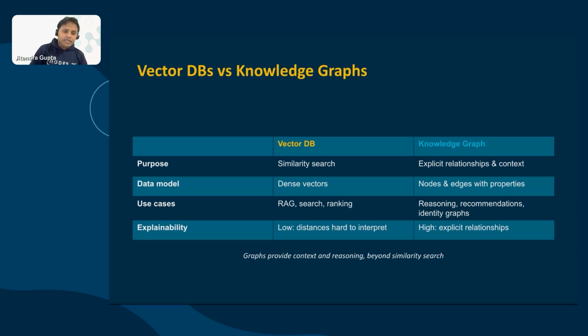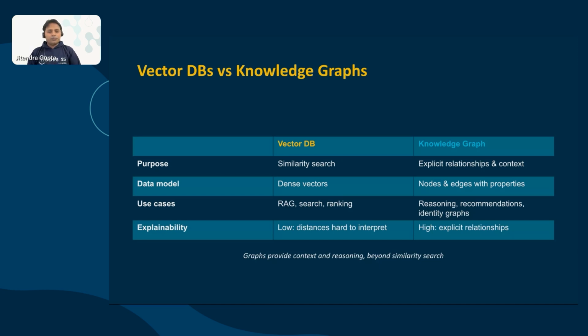Then talking about the data models, vector DBs use very dense, high dimensional vectors. In the case of knowledge graphs, they are going to be nodes and edges with their properties.